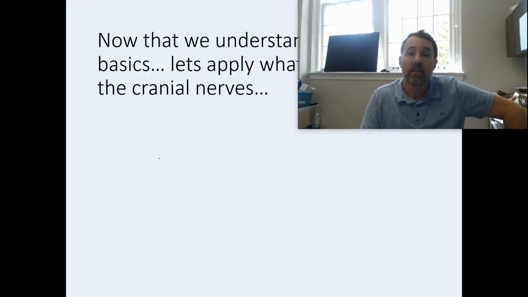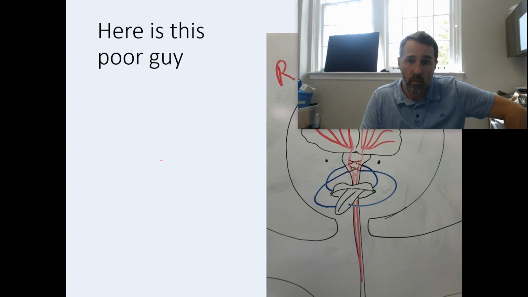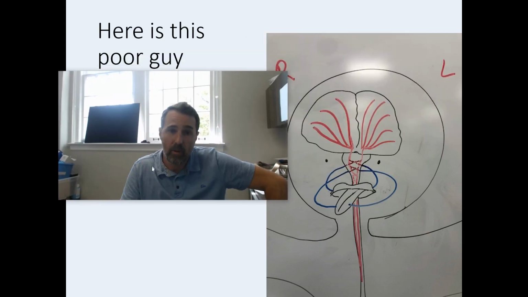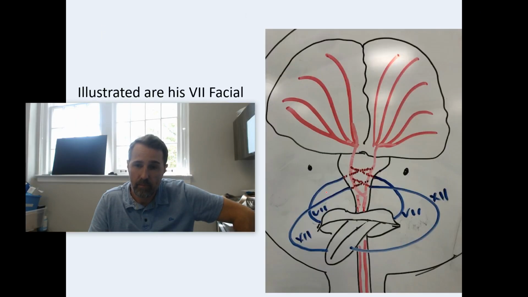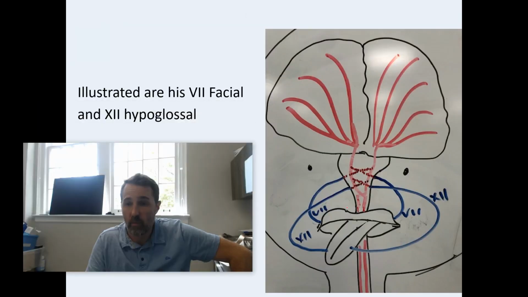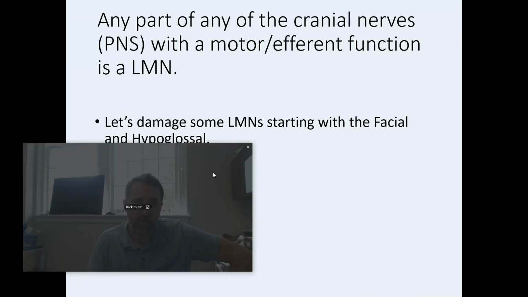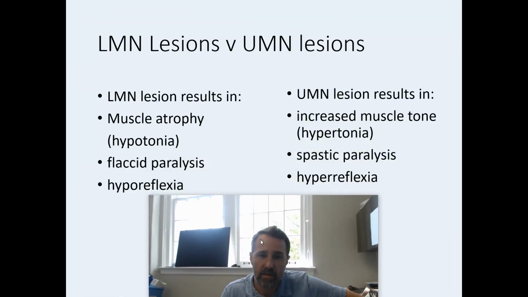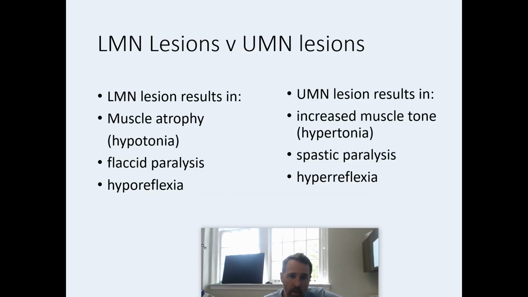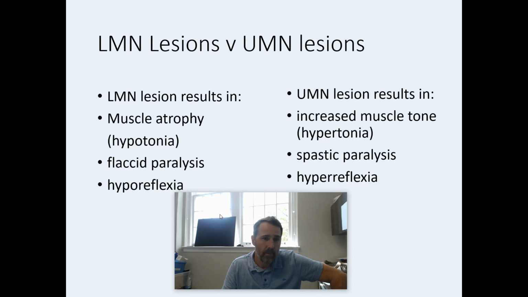Okay, now let's start talking about some cranial nerves. And here's this guy. We're going to start with the hypoglossal and the facial, because that's very illustrative. But let's remind you guys that lower motor neuron lesions result in flaccidity.